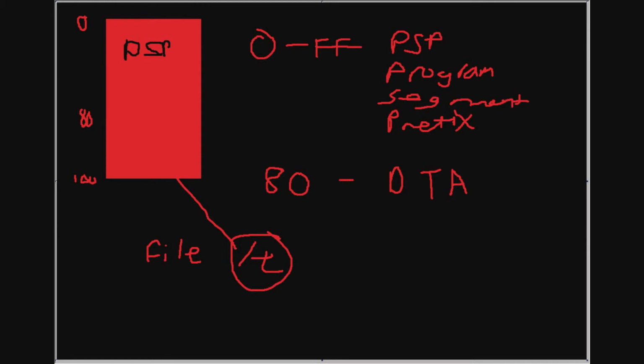However, when we run the search first function, whatever is at offset 80, including this command tail, is going to be overwritten with the disk transfer area.